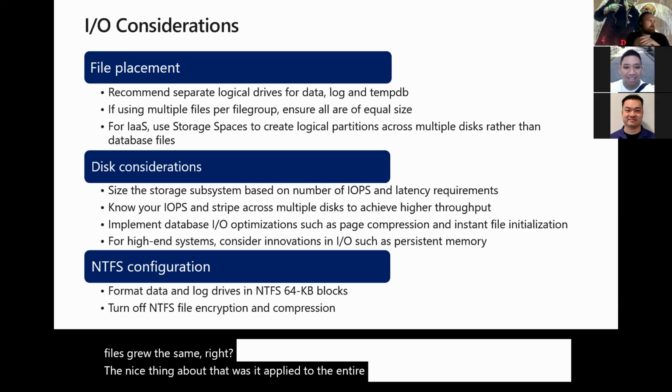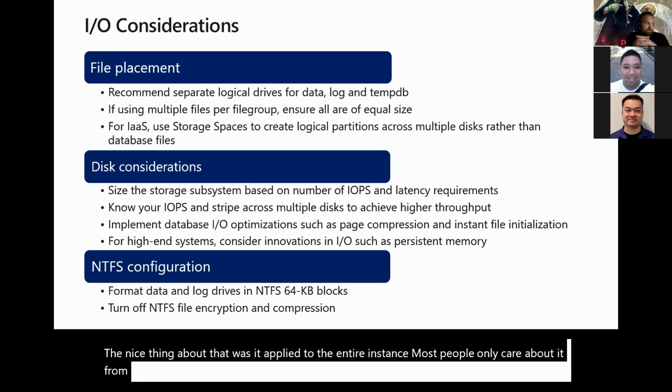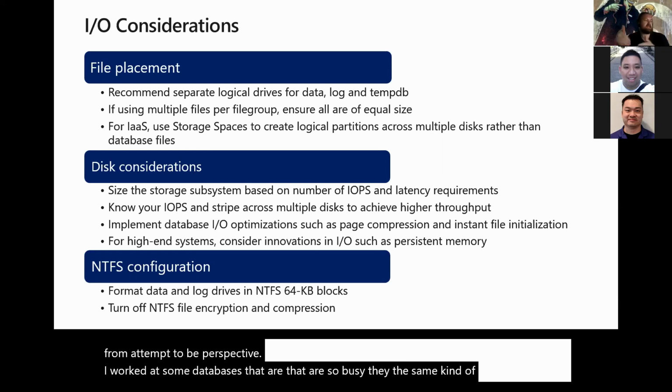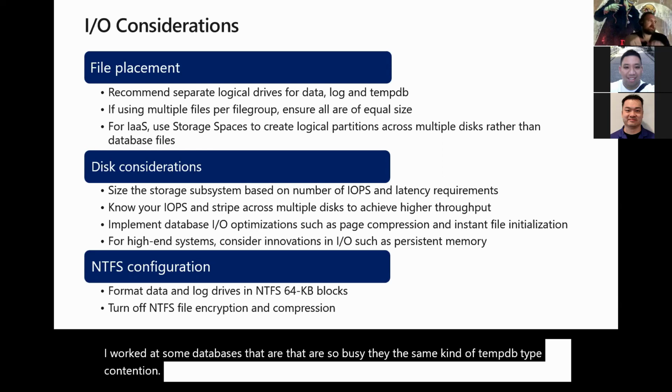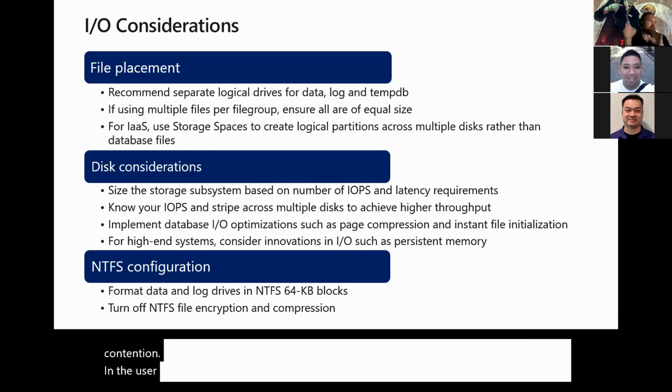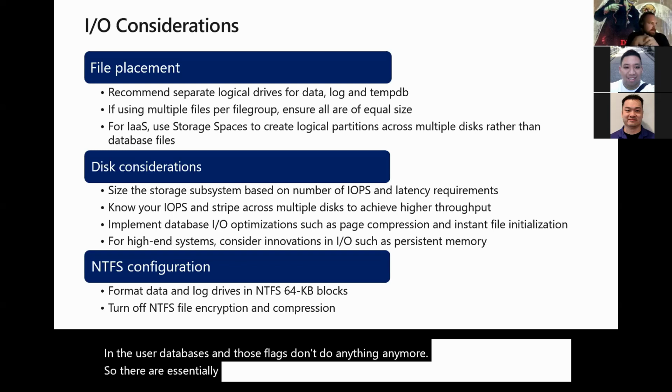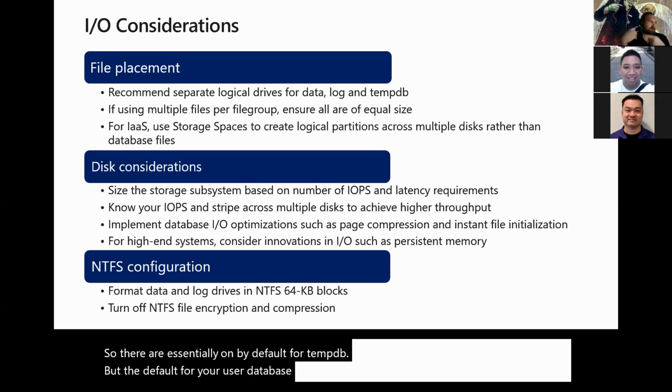Most people only care about it from a tempdb perspective. I worked with some databases that are so busy they actually see the same kind of tempdb-type contention in the user databases, and those flags don't do anything anymore. So they're essentially on by default for tempdb, but the default for your user database is to not autogrow equally.